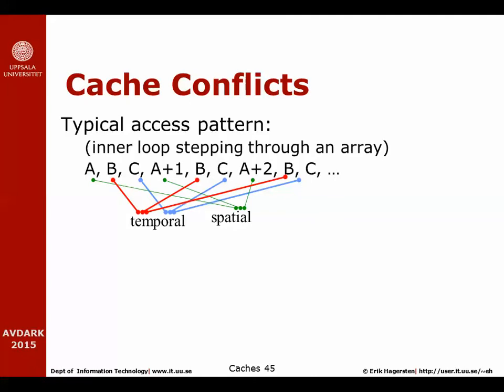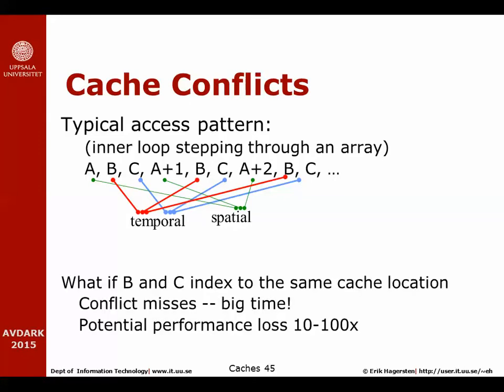However, what would happen if we were unlucky? What would happen if Murphy was involved and Murphy made sure that both the address B and address C index to the same cache location, index to the same cache set, had the same values of their index bits? Well, that means we will get conflict misses, big time conflict misses.